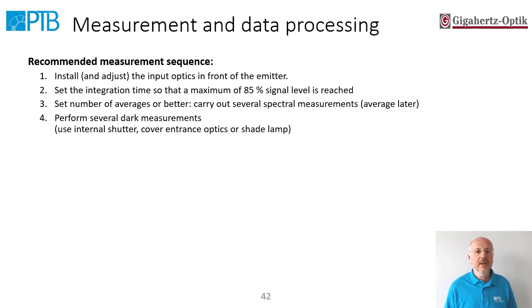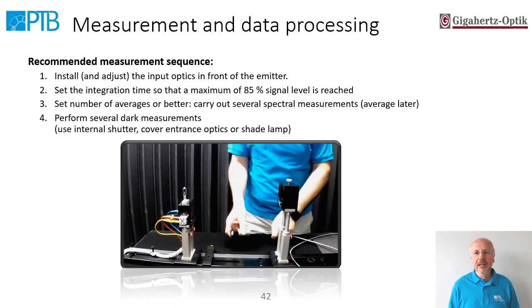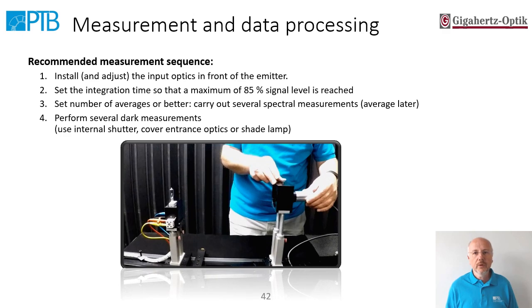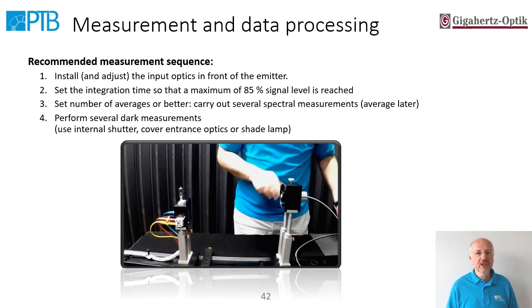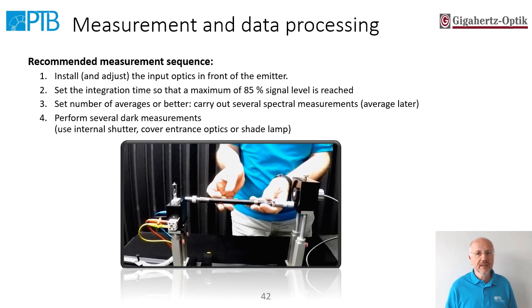Let us have a look at the measurement procedure itself. Here I demonstrate how to measure a tungsten halogen lamp to calibrate the spectroradiometer. First of all, the input optics is installed and adjusted in a given direction and at a given distance to the standard lamp.